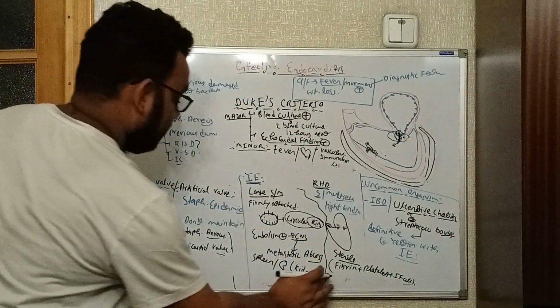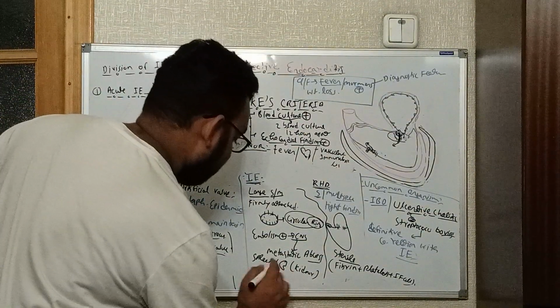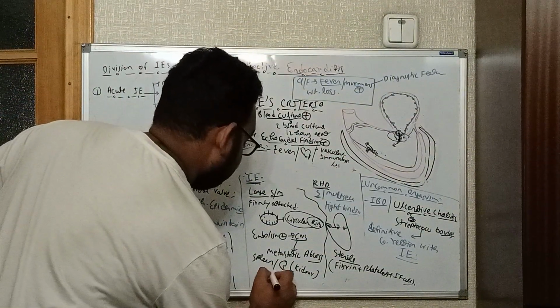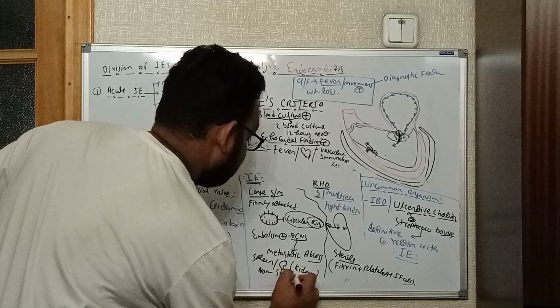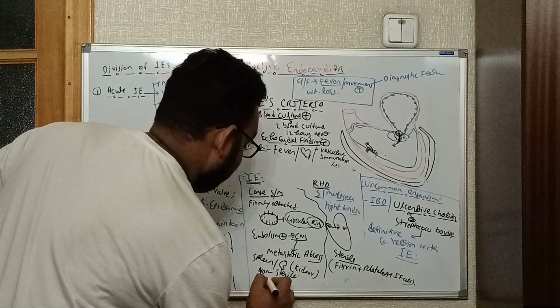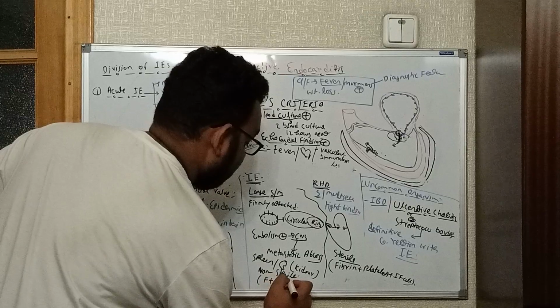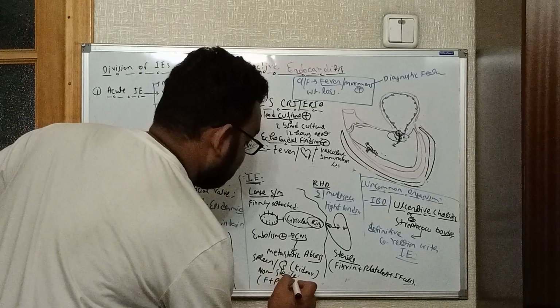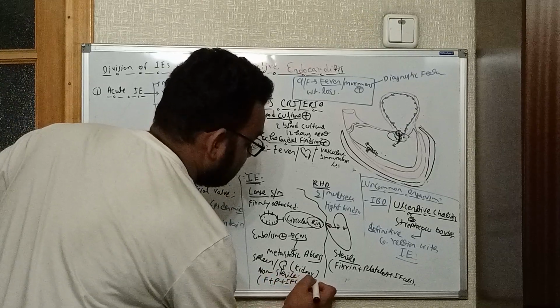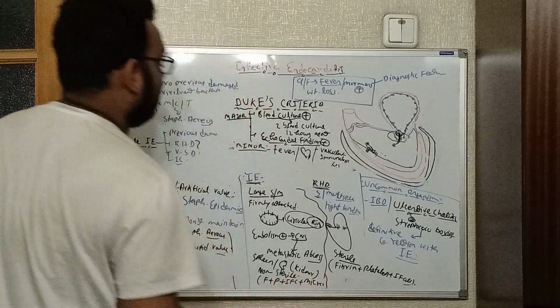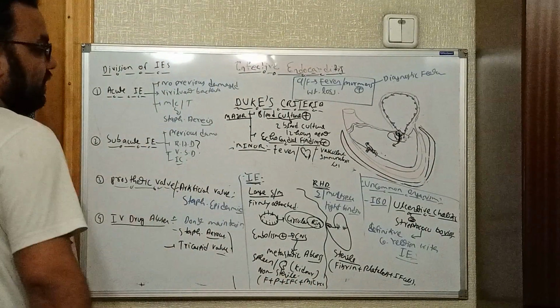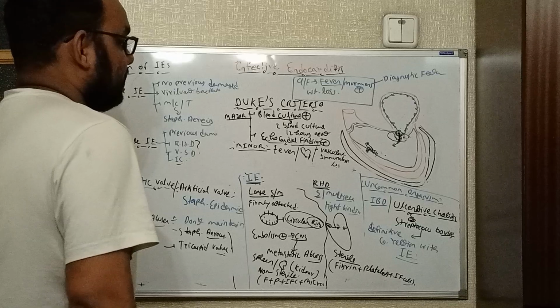But in infective endocarditis it will be non-sterile. The vegetations will be non-sterile. Here we will get fibrin, platelets, inflammatory cells, and also microorganisms, the different types of bacteria already described. This type of changes or differences we will see between them.